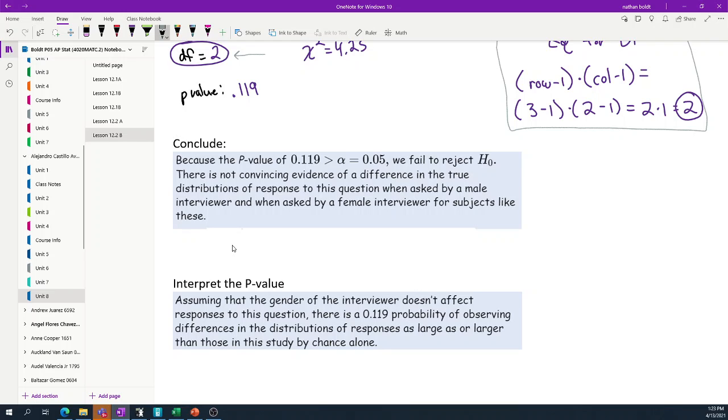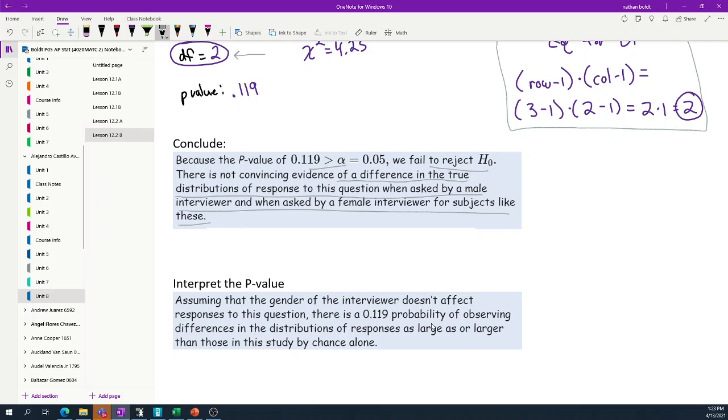It's greater than alpha, so we fail to reject. We do not have convincing evidence for the alternative. So if you wrote the alternative hypothesis correctly, you can hopefully just copy-paste it right here. There's no real difference. We do not have convincing evidence for the alternative.